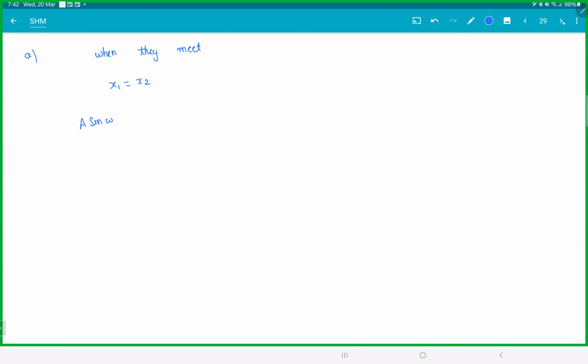So a sine omega t is equal to a sine omega t plus pi/6. Till here it is great. This is where you guys go wrong. So what is omega t? Omega t is n pi plus minus 1 whole power n times omega t plus pi/6. Isn't this how you write? Sine theta is equal to sine alpha, theta is equal to n pi plus minus 1 whole power n alpha. You don't write theta is equal to alpha because you can have multiple values for which this condition will be satisfied.